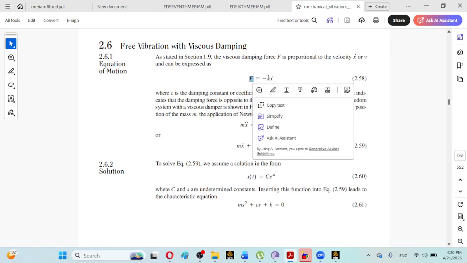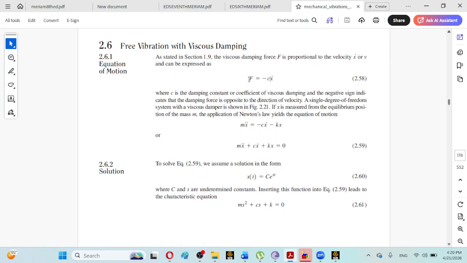Small letter c is the damping constant. This is the damping force, and the spring force, or restoring force, or elastic force, we are already familiar, is F is equal to minus kx.